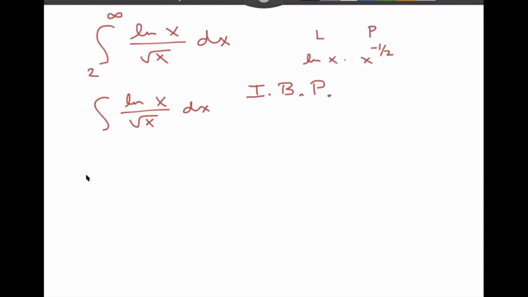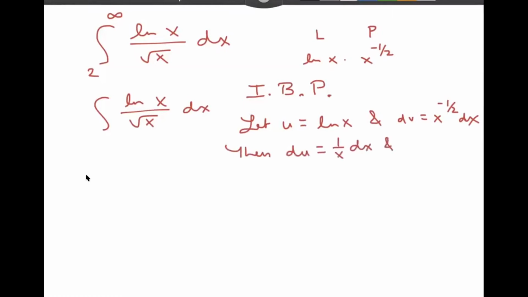That means that u gets to be natural log x. dv will be x to the negative 1/2 dx. That means that du will be 1 over x dx. And v will be the integral of x to the negative 1/2, which is x to the 1/2 divided by 1/2. So it'll be that, right?